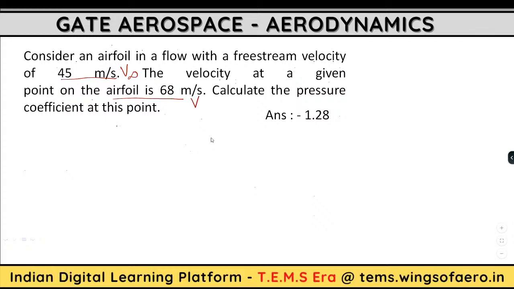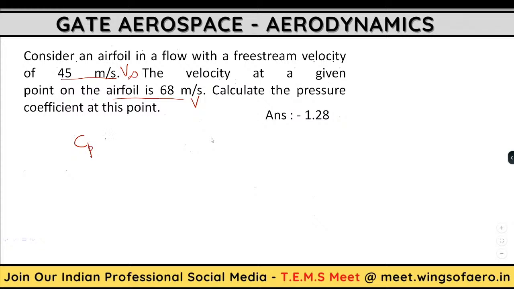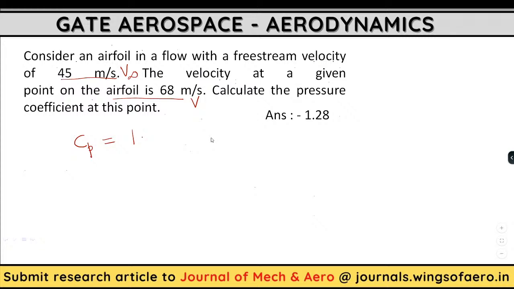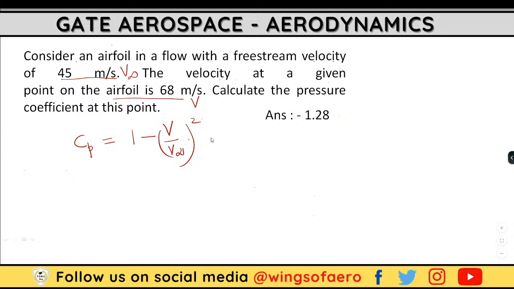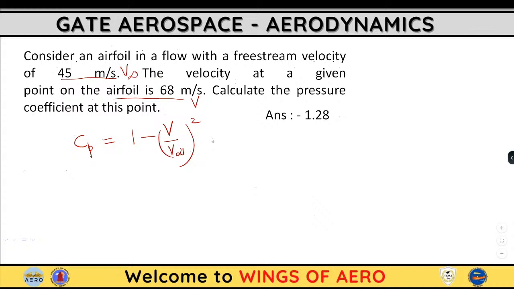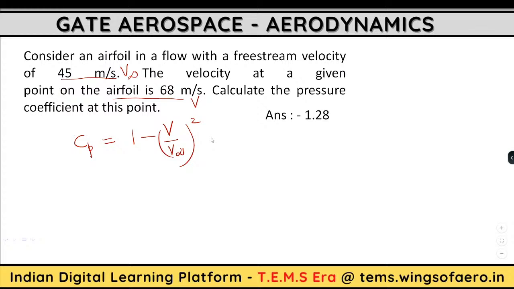Calculate the pressure coefficient. Now can you tell me what is the formula? Pressure coefficient written as Cp. The formula is 1 minus V by V infinity whole square. I hope I am right. Let me know whether I've written the formula correctly or not.